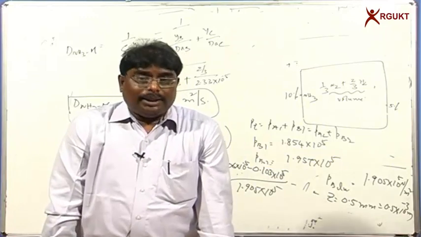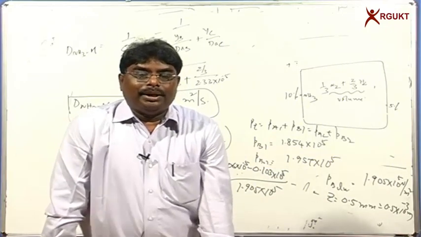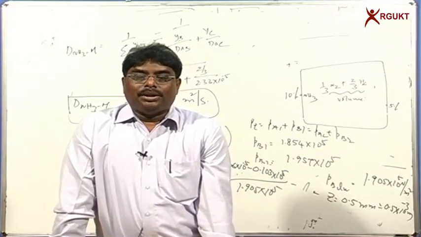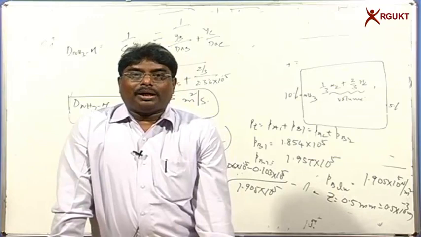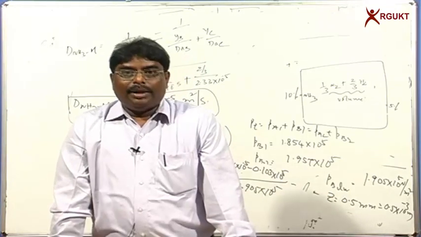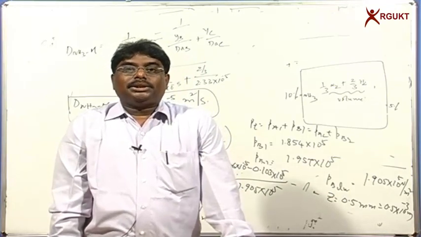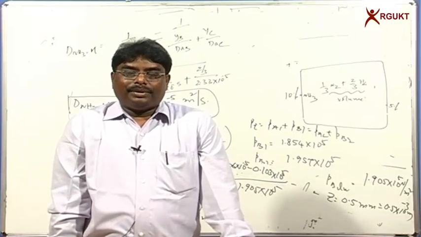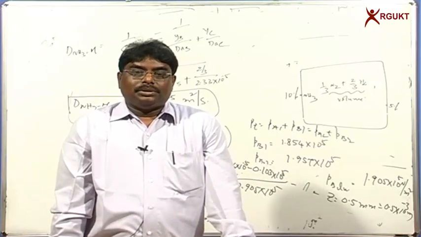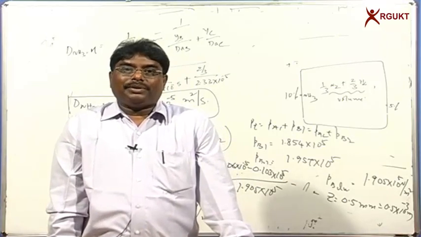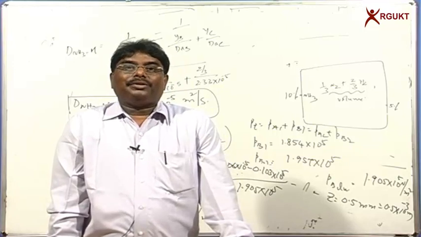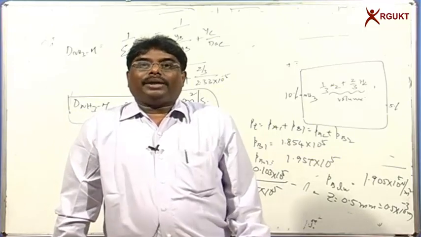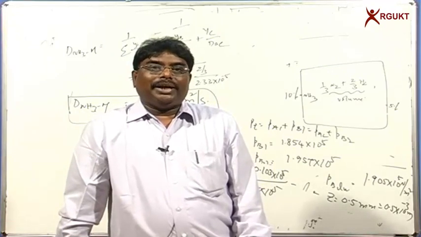Then it is not a simple binary mixture, it is a multi-component mixture, and already we have discussed how to estimate the diffusion coefficient of a component A in a multi-component mixture, and we discussed a special case where other components are not moving except the component A. Then we simplified the expression and by using that formula we were able to estimate the diffusion coefficient of A in a mixture of gases.